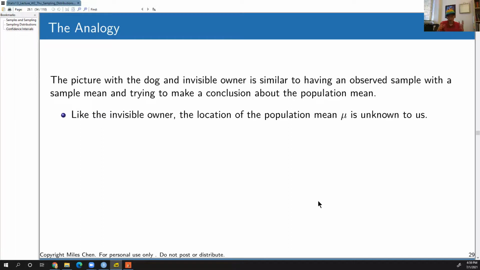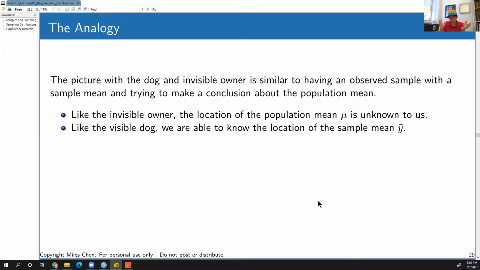And from the central limit theorem, we know that the location of the sample mean generally lies close to the population mean. So like the invisible owner, the location of the population mean is unknown to us, right? The population is so big that we can't observe it directly. So we can't get the mean of the population directly. The mean of the population is unknown to us.